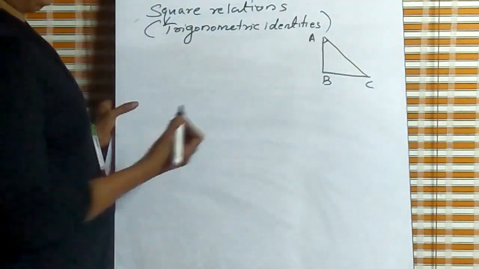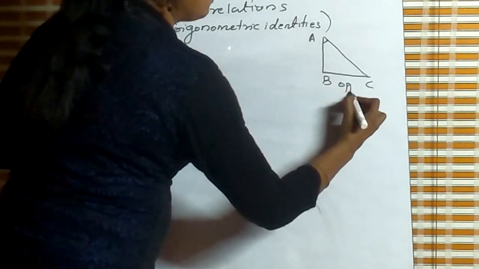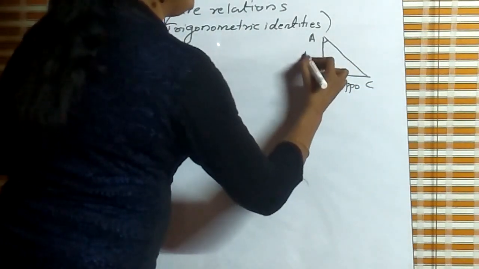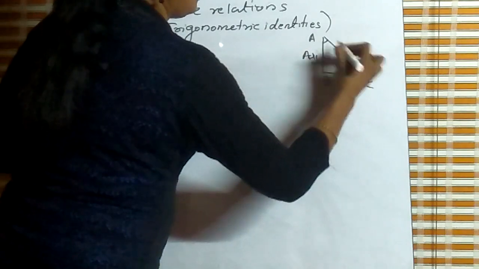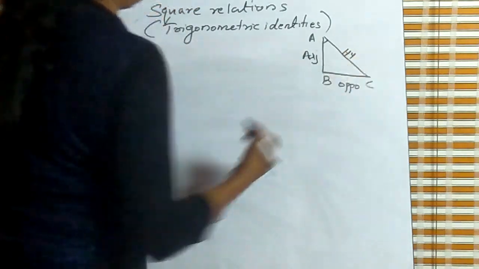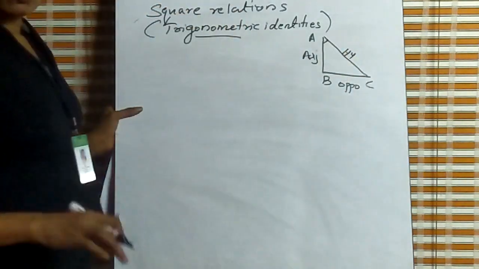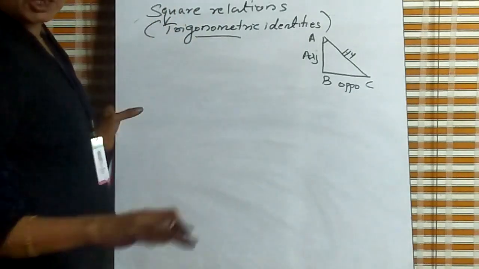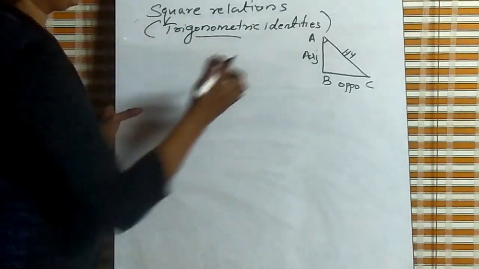Based on this angle A, BC is the opposite side, AB is the adjacent side and AC is the hypotenuse. For finding square relations, first we write all 6 trigonometric ratios.